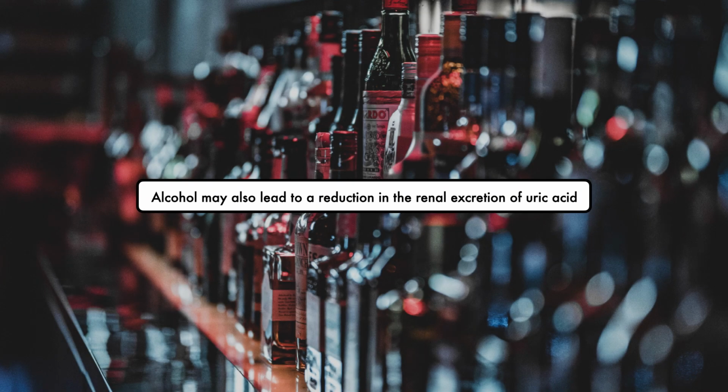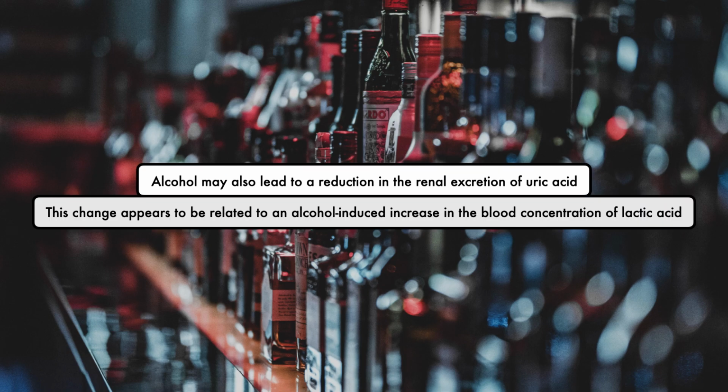Alcohol may also lead to a reduction in the renal excretion of uric acid. This change appears to be related to an alcohol-induced increase in the blood concentration of lactic acid.